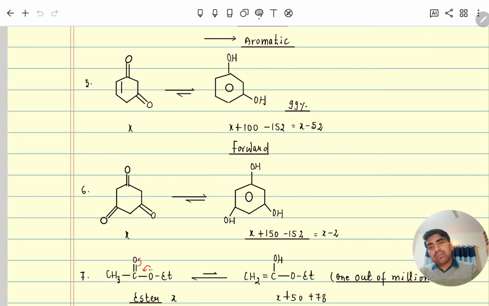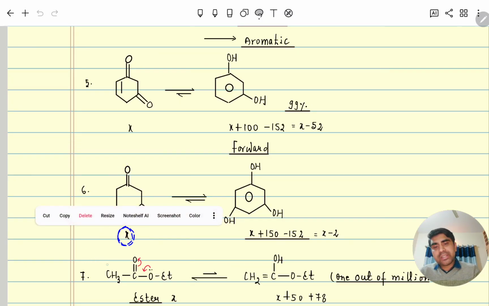Similarly, here you can see this is again a ketone system. In the ketone system its enthalpy of formation is x, right? Since there is an enol formed here, here and here, how much does the energy increase overall?